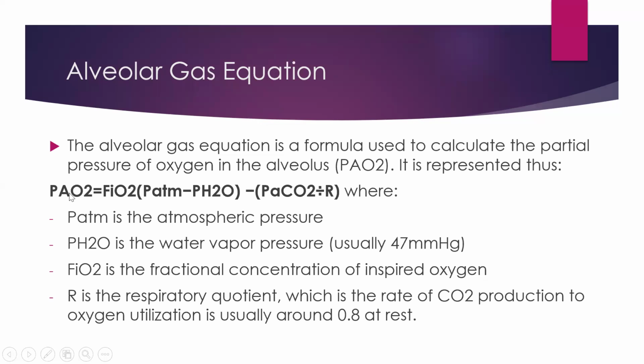So the partial pressure of oxygen at the alveoli is equal to the FiO2 multiplied by the atmospheric pressure minus the vapor pressure, like we saw, minus the partial pressure of carbon dioxide divided by the respiratory quotient, which is 0.8 at rest.